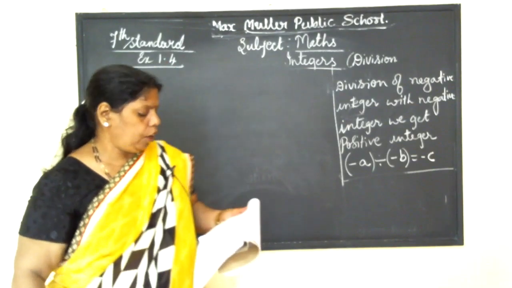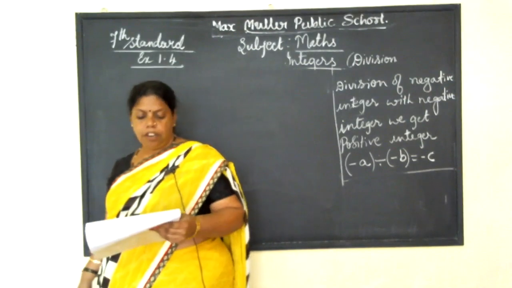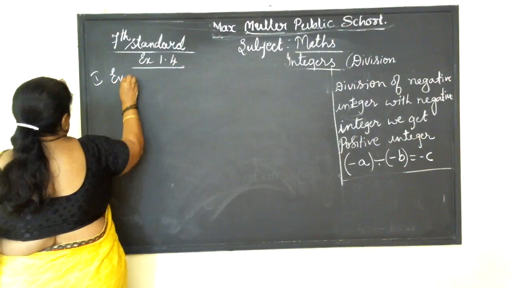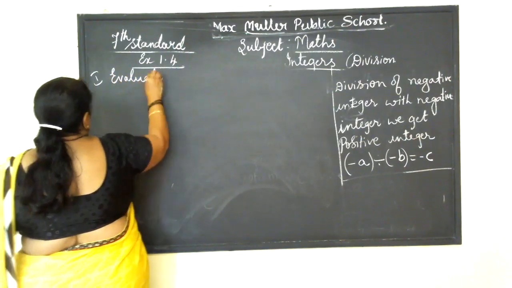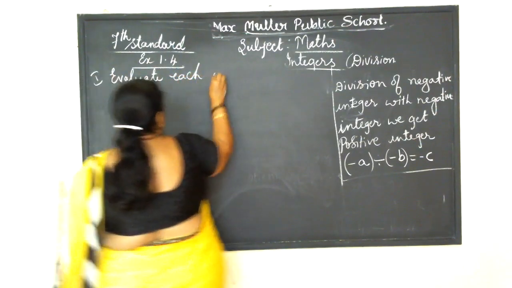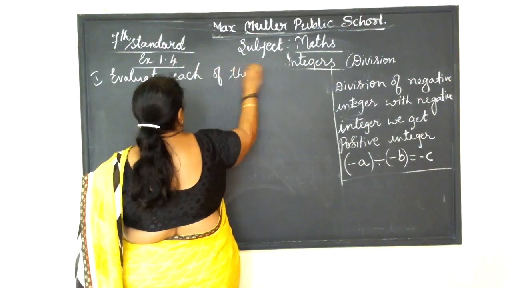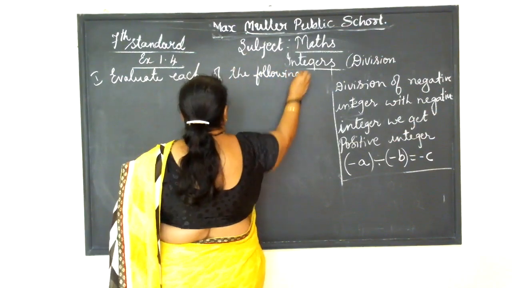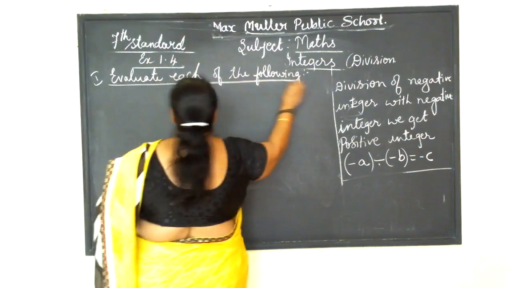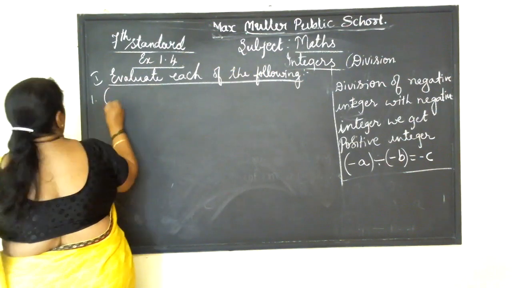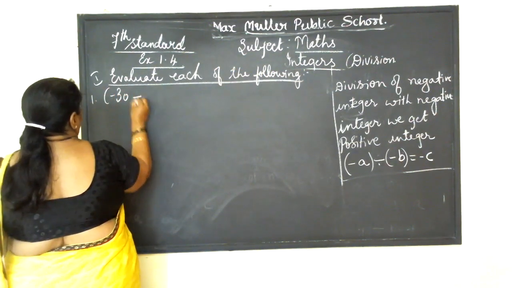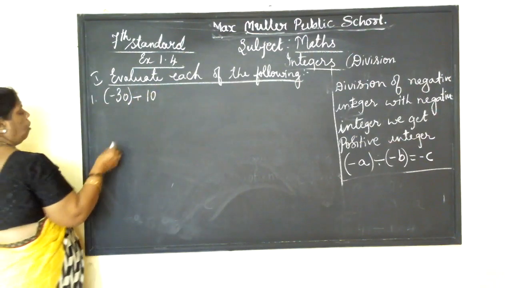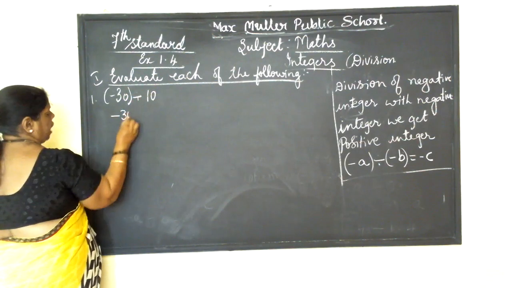Evaluate each of the following. Each of the following means solve. First one, minus 30 divided by 10. How will we write? We write in the fraction mode.